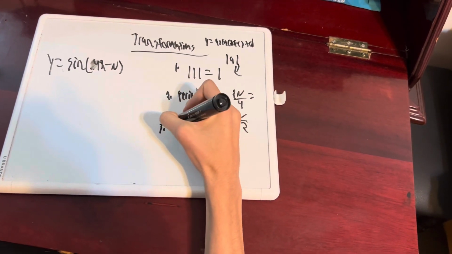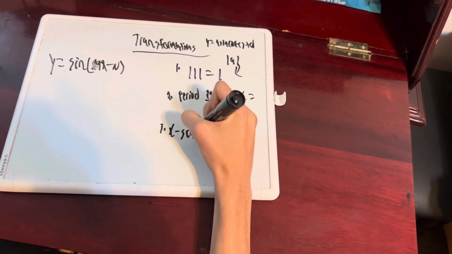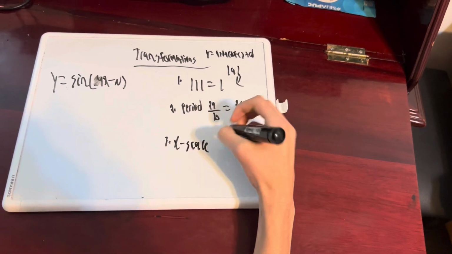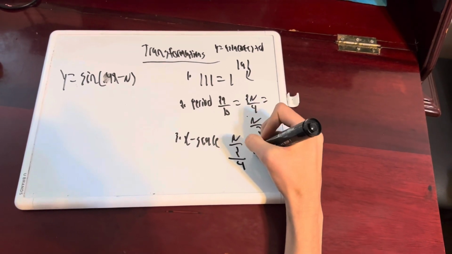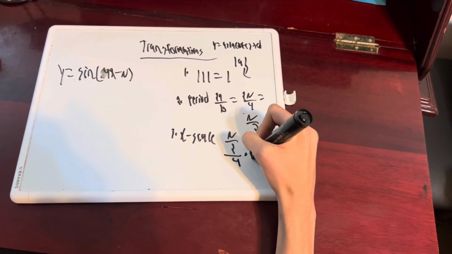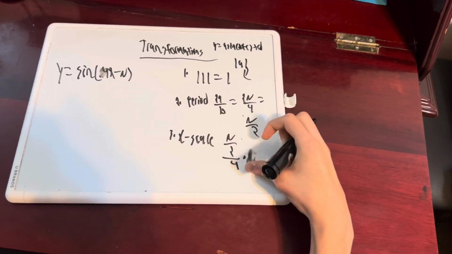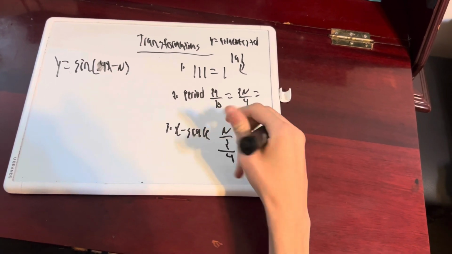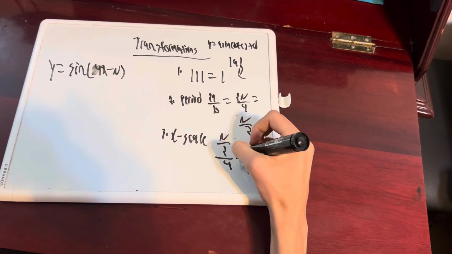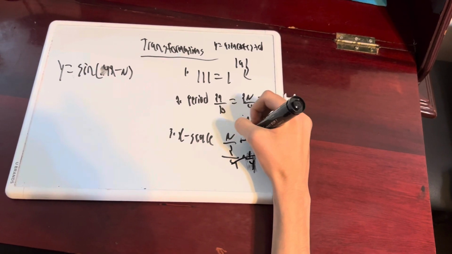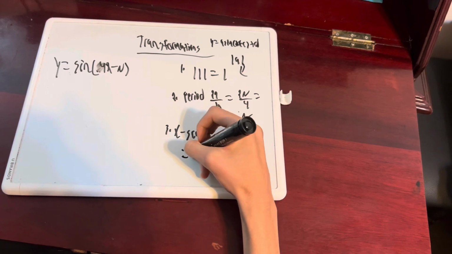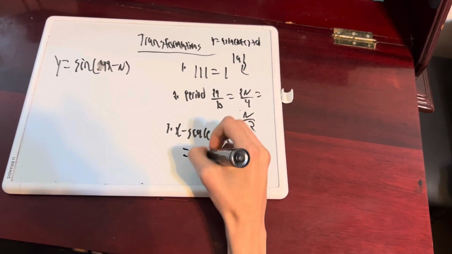So third, we have the x scale, which is just your period divided by 4, so we multiply by the reciprocal. Pi halves divided by 4 is pi halves times one fourth. It cancels out, so you have pi eighths.